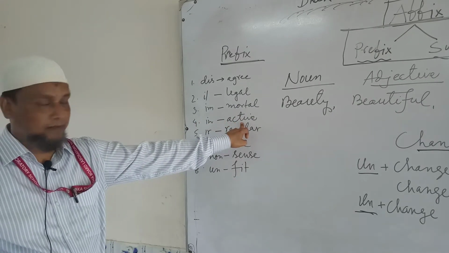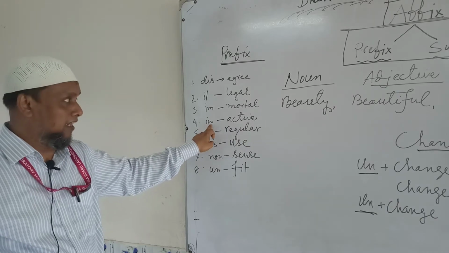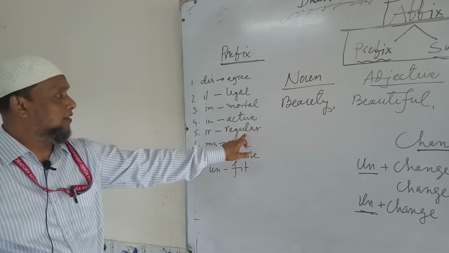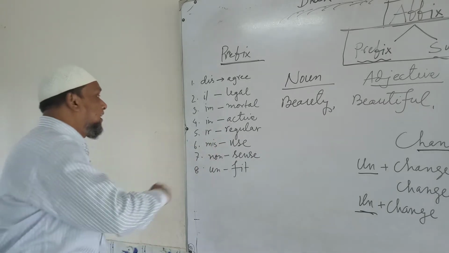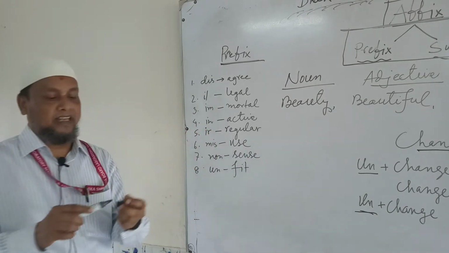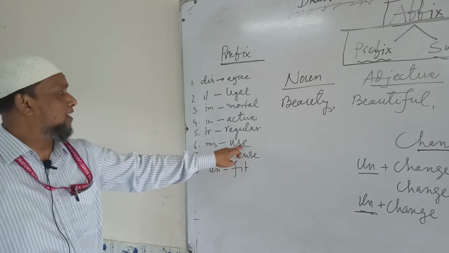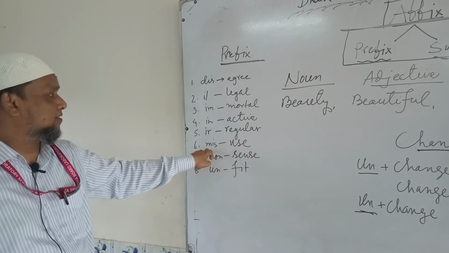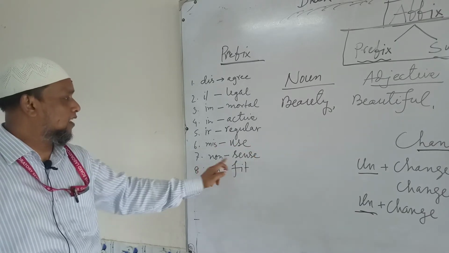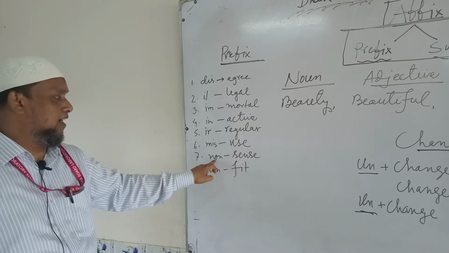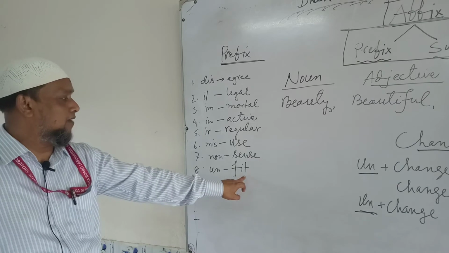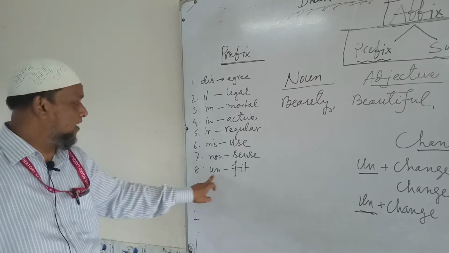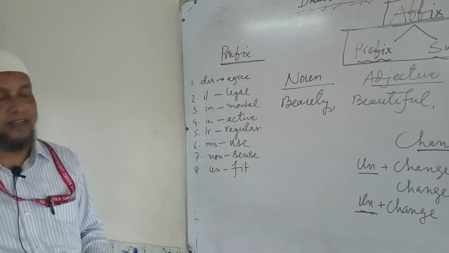The word is active. If I add in, inactive. The word is regular. If I add ir, that is irregular. Then use, if I add mis, misuse. Then the word is sense. If I add non, that is nonsense. Then finally the word is fit. If I add un, the word is unfit.